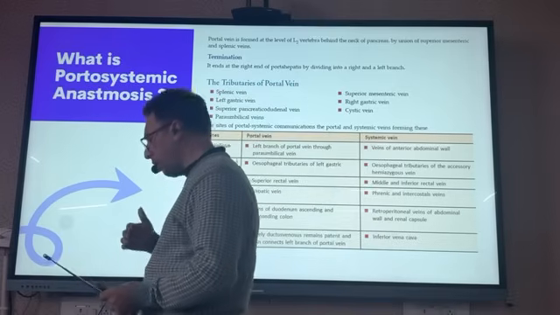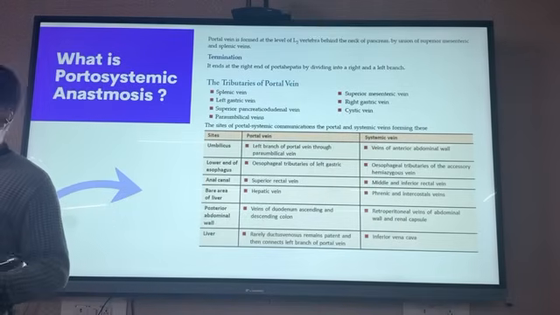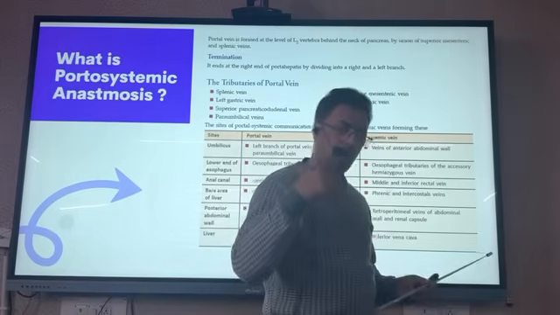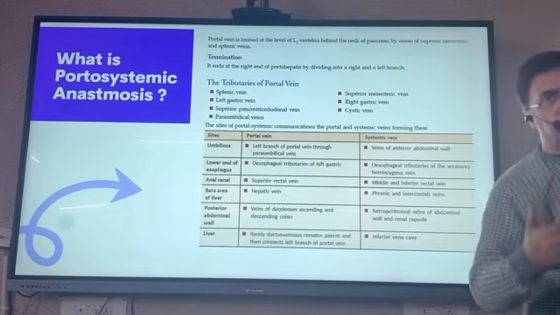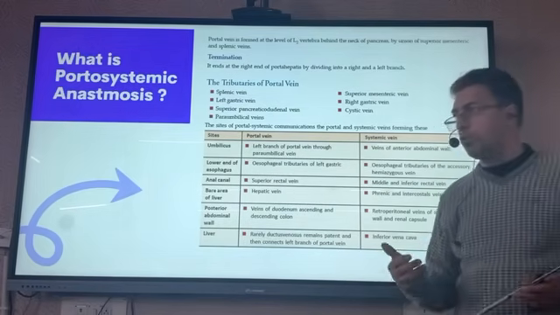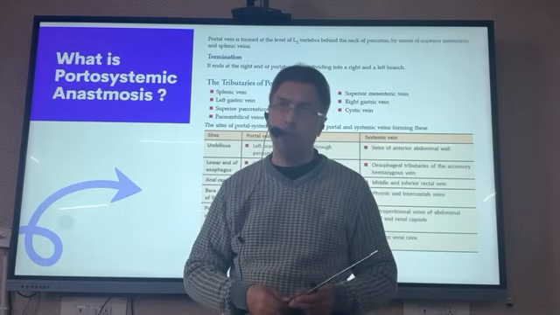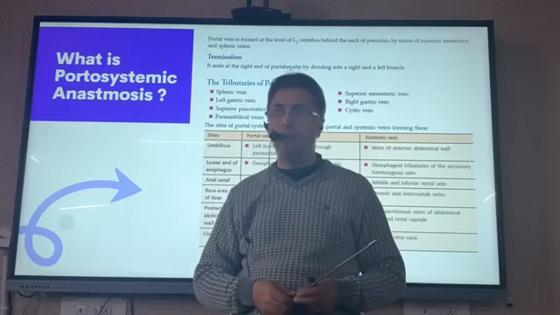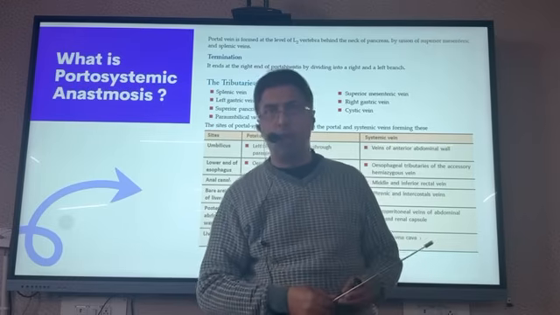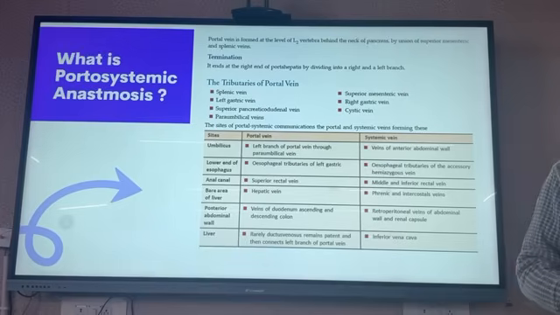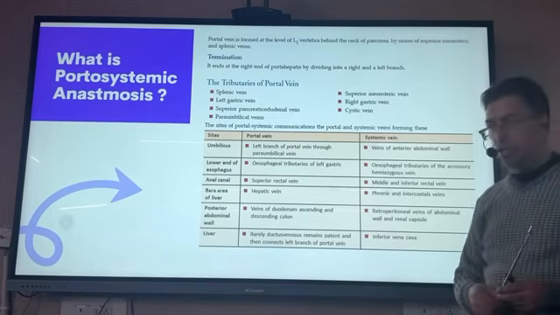Now, what are the tributaries of the portal vein? Sometimes the questions are asked as far as the arterial supply is concerned, we have to know the branches of the main important vessels: internal carotid artery, anterior cerebral artery, middle cerebral artery, posterior cerebral artery, external carotid artery, maxillary artery.